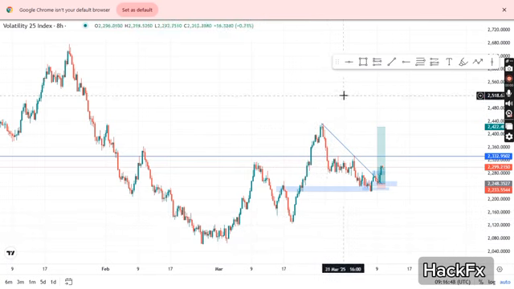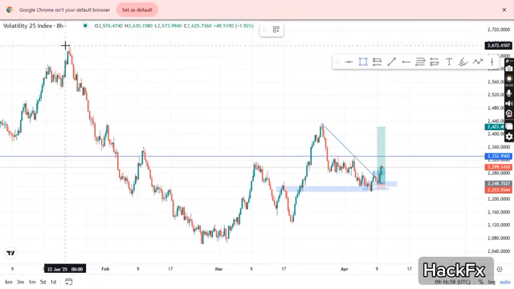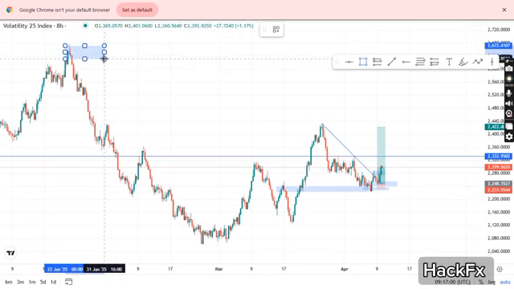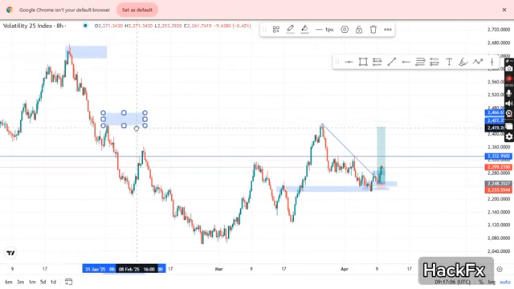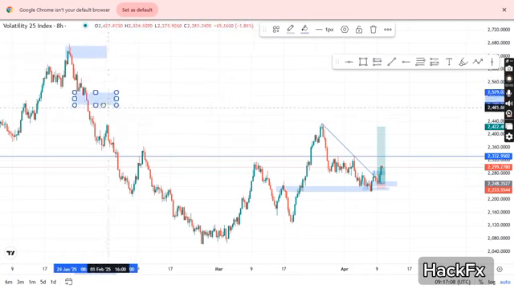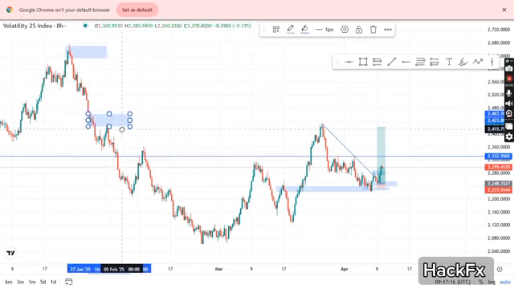The first thing we did was identify the trend using market structures, and we found out that previously the price was bearish. It was bearish from here. It was selling, it broke the previous low and started making lower highs, and lower highs.